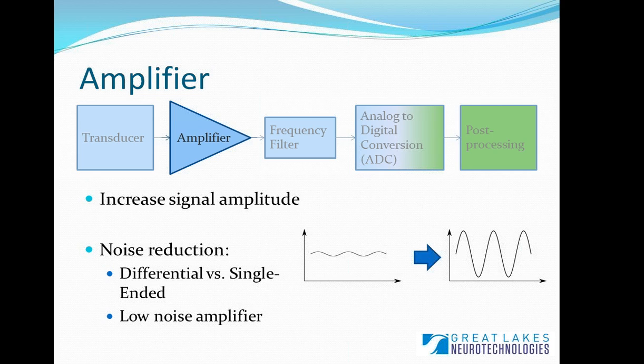So if you use a differential amplifier, the common signal on the 2 of them will largely be rejected, whereas the difference in voltage between those 2 signals will be amplified. In a single-ended case, the amplifier just applies the multiplicative factor to a single voltage coming in with reference to the ground.